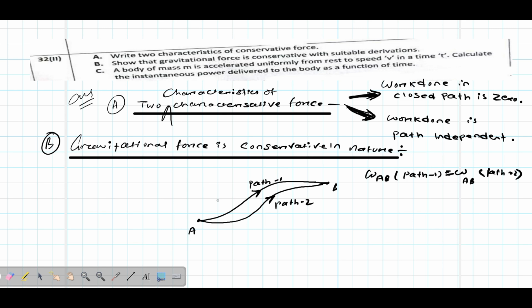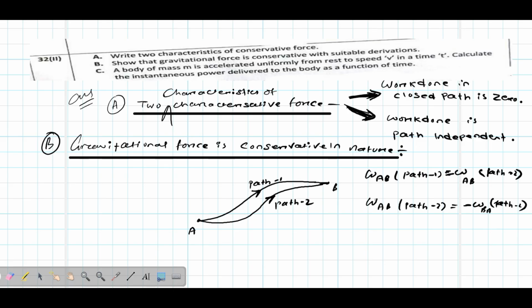Both are equal. Work done A to B in path 2 equals minus W_BA in path 2.